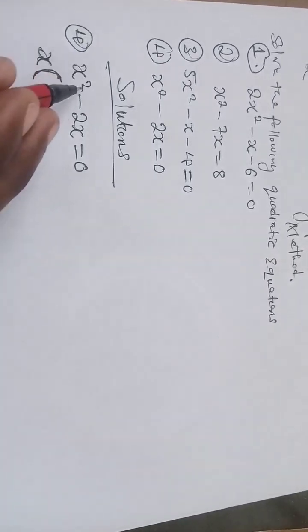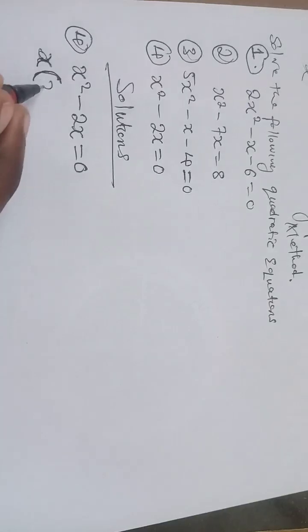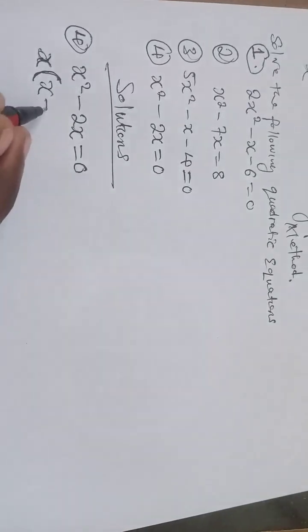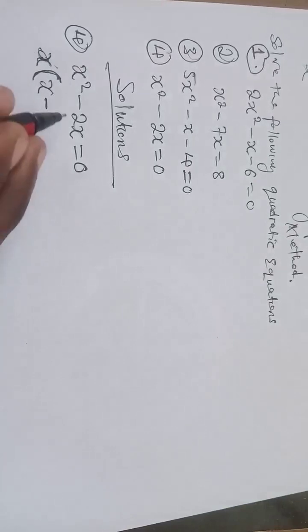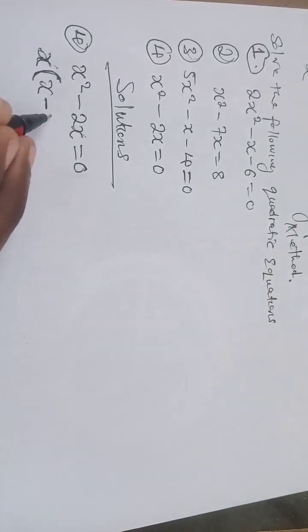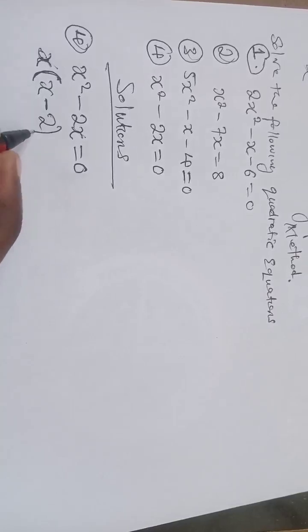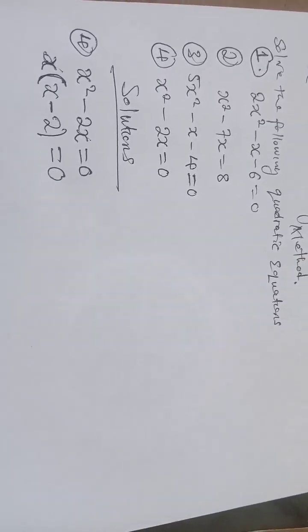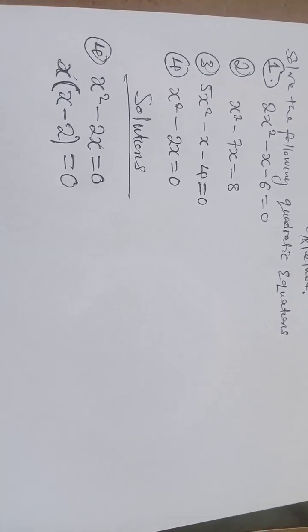So for the next term, you cancel the x and you remain with 2. So we have x minus 2 in the bracket, is equal to 0, as simple as that.